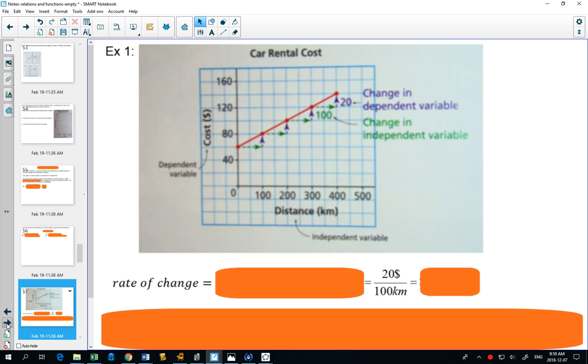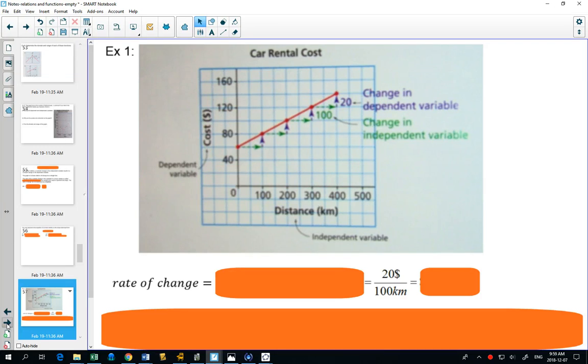Well, if we look at the green lines here, the green lines represent the change in the horizontal. In our formula, we call that the run. The blue lines, they represent your vertical change. On our formula, we would call that our rise.